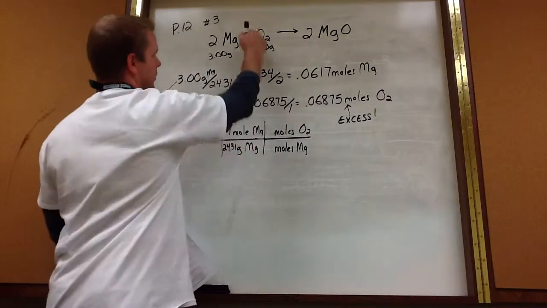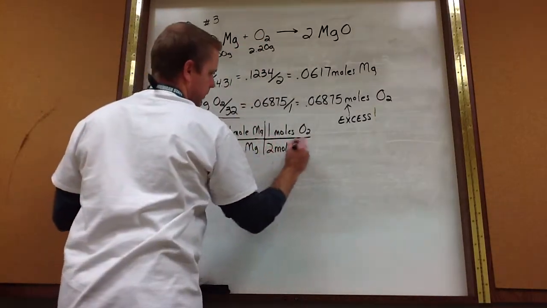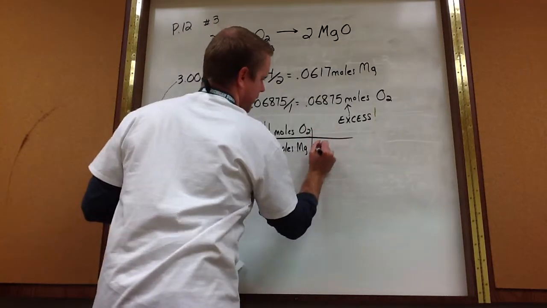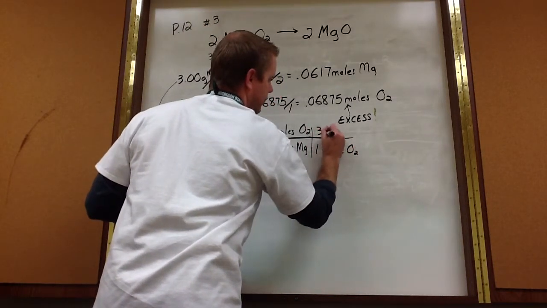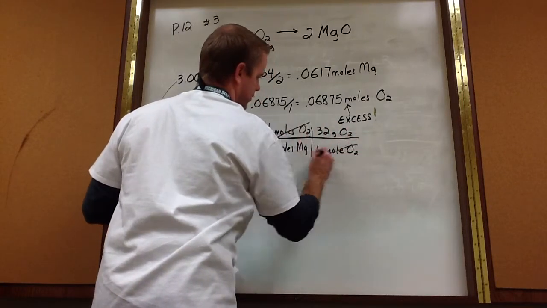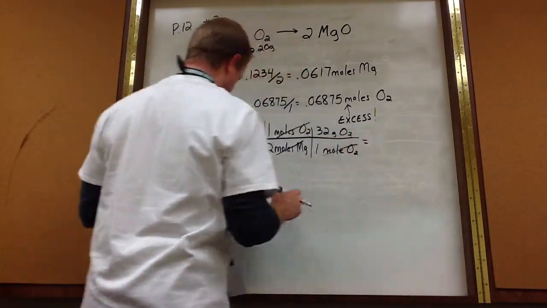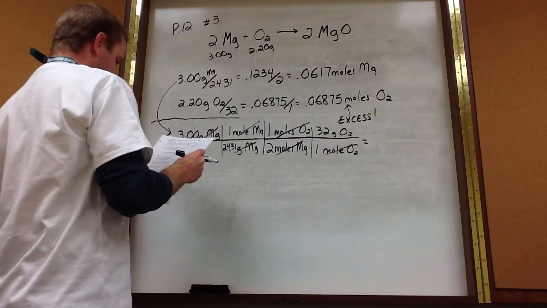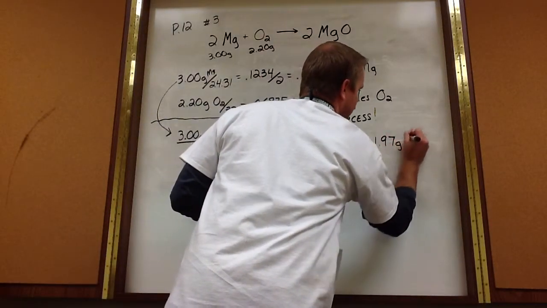Well, we go find the numbers. There's a 1 right there, so a 1. And for Mg, there was a 2. Well, I want to know mass, right? So in 1 mole of O2, there is 32 grams of O2. Moles cancels moles, grams cancels grams, leaving me grams of O2, right? If you do the math going across, it's 1.97 grams of O2.